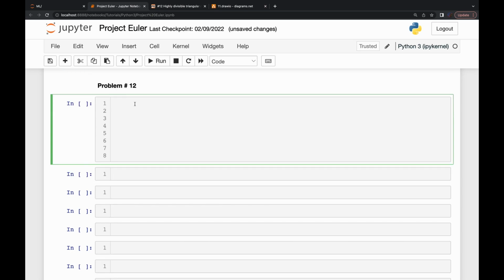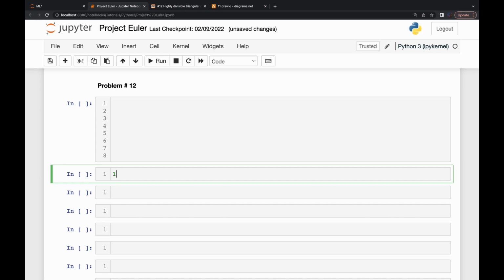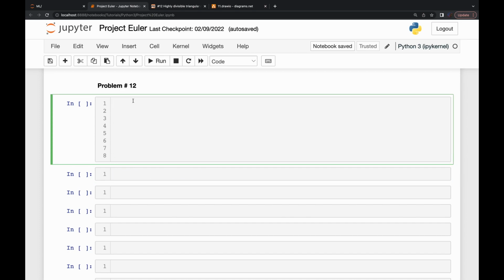So let's create the triangle number definition. We know the triangle number has a formula, right? 1 plus 2 plus 3 up to n is equal to n into n plus 1 divided by 2. So we'll just use that same formula to define the triangle number.